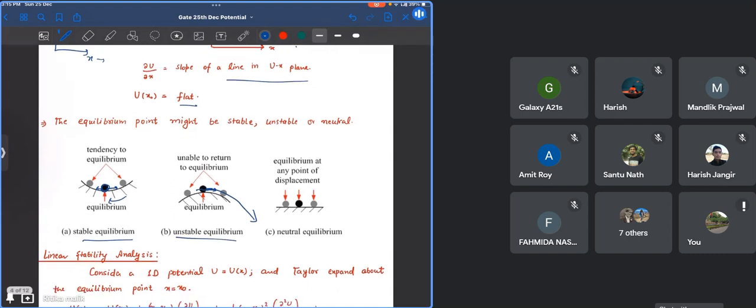And neutral is generally possible only in the case of a horizontal flat surface. You just place this particle here and it will stay. Neither does it come back to this position nor does it move away further. It just stays as it is at this perturbed position. And that will correspond to neutral equilibrium.